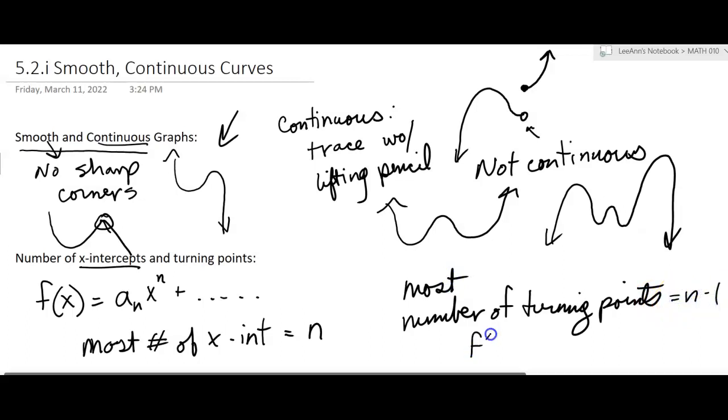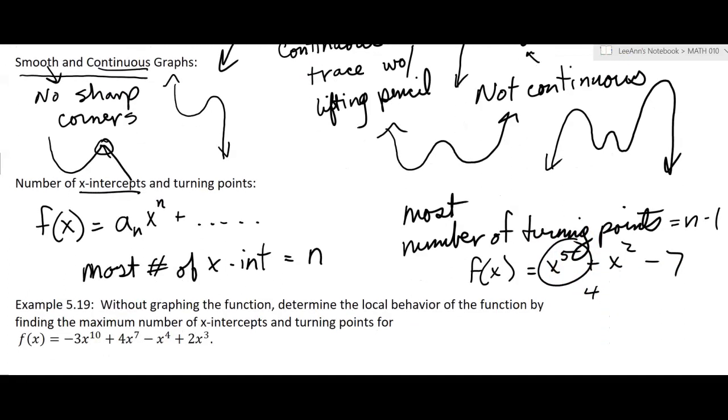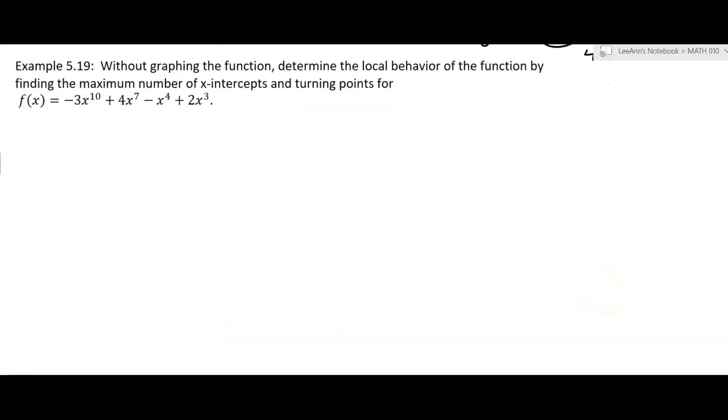So if I have f of x equals x to the 5th plus x squared minus 7, the most number of turning points I can have is 4. That's the most number of turning points. The most number of x-intercepts would be 5.